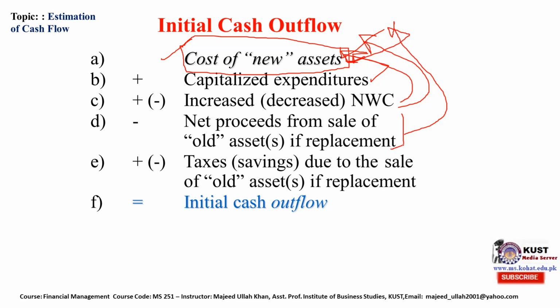If there is any tax saving, it will also be deducted from the cost of the new asset. If there is an increase in taxes, it will be added to the cost of the new asset. So this whole thing will give us initial cash outflow. We will discuss it with the help of an example in the coming slides.